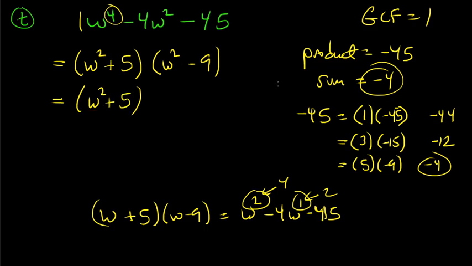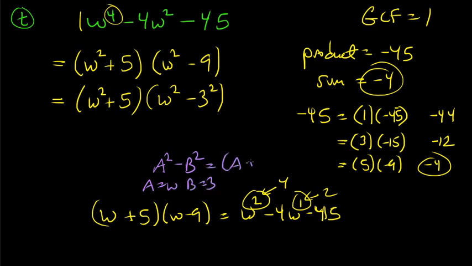However, w squared minus 9 is w squared minus 3 squared. And that looks an awful lot like a squared minus b squared, where a is just w and b is 3. Now this is the easy version: (a − b)(a + b). It's not cubes anymore, it's just squares. So we can factor the second factor here.